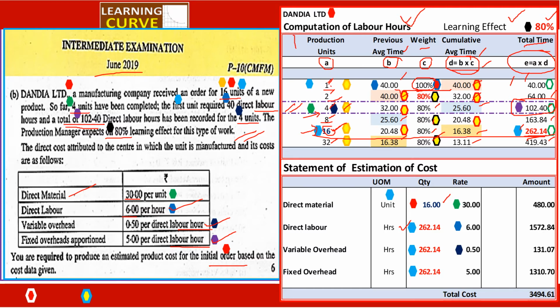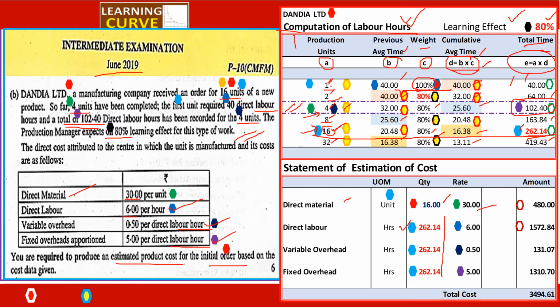And variable overhead is 50 paise per hour. And fixed overhead apportioned is 5 per hour. Now I am asked to prepare an estimation of product cost comprising material, labor, overhead, and this is crucial, which we derive from this statement of computation of labor hours for 16 units.